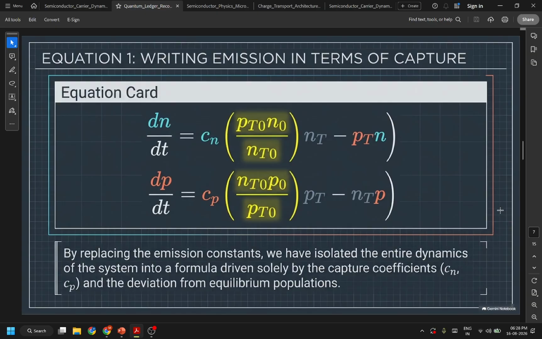So this would make dN by dt equal to Cn Pt naught N naught by Nt naught Nt minus Ptn, and dP by dt equal to Cp Nt naught P naught by Pt naught Pt minus Ntp. So now we have converted it from a two constant equation to a one constant equation.